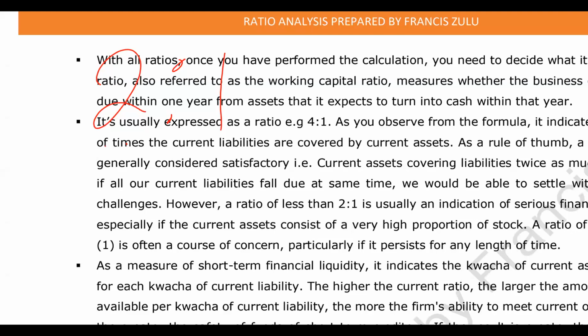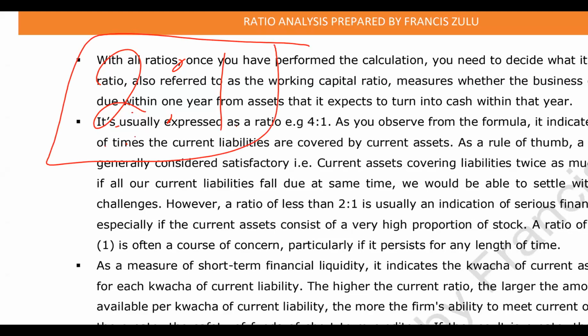The current assets cover liabilities twice as much if all our current liabilities fall due at the same time. That's what 2 to 1 means. It's a benchmark, and 2 to 1 is better.